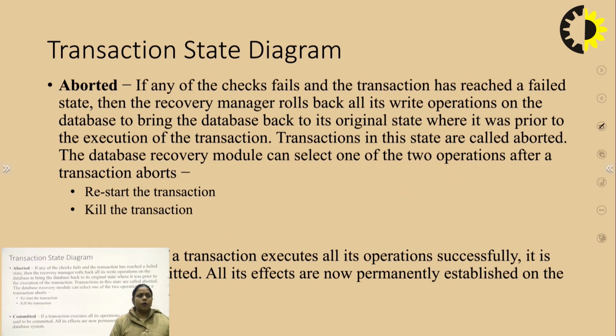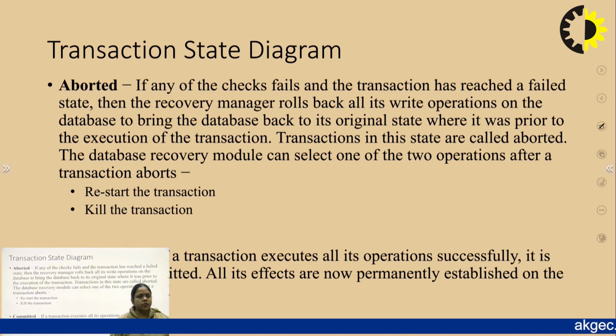Next is aborted. If any of the checks fails and the transaction has reached a failed state, then the recovery manager rolls back all its write operations on the database to bring the database back to its original state, where it was prior to the execution of the transaction.